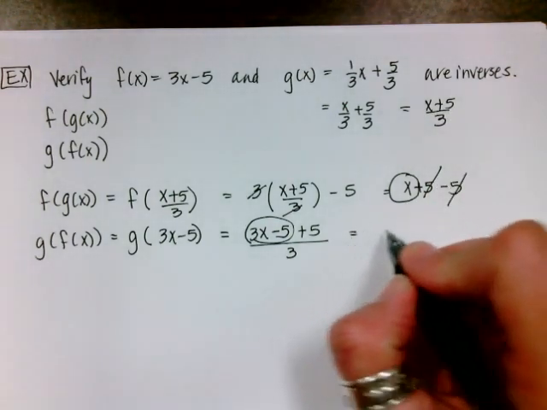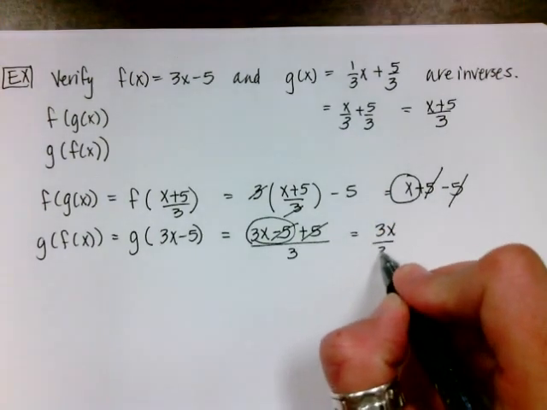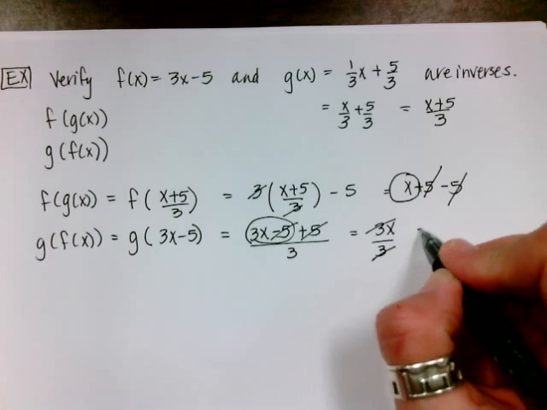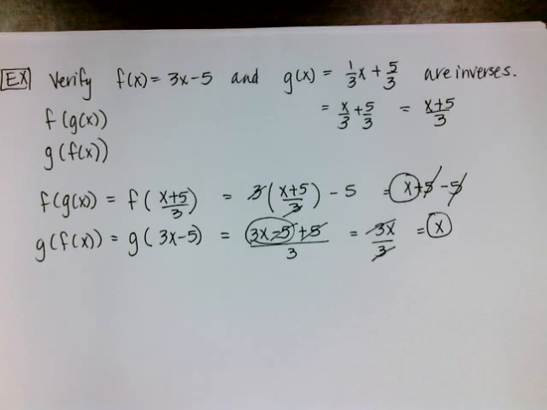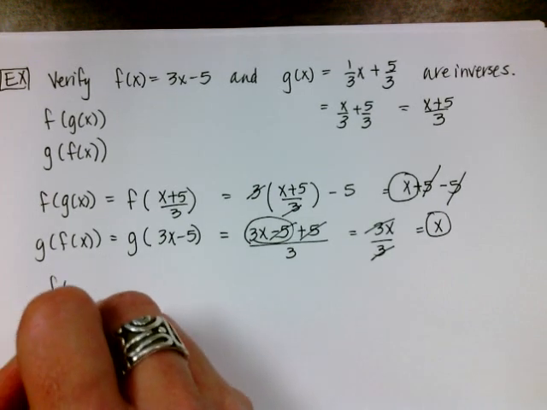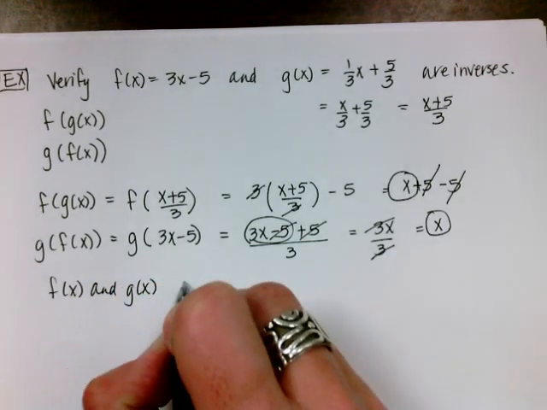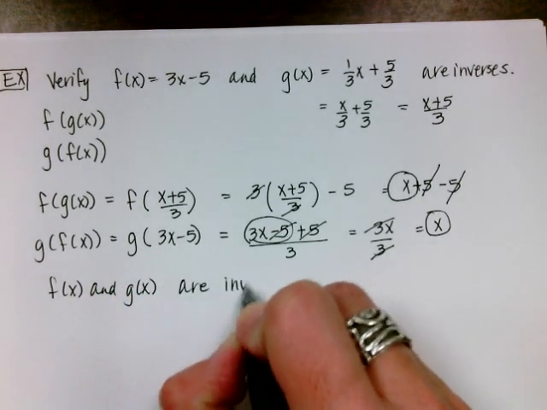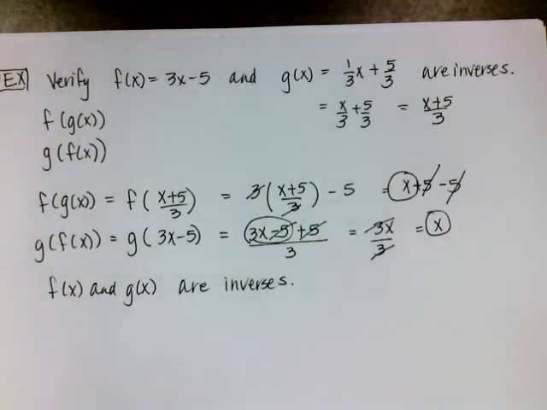Okay, if I simplify the math, I get 3x, the two 5's cancel over 3, the 3's cancel, and I'm left with x. So both of the compositions yielded an x, therefore I know that f of x and g of x are inverses of each other. So they are indeed inverses. Okay. Alrighty, so that was very nice.